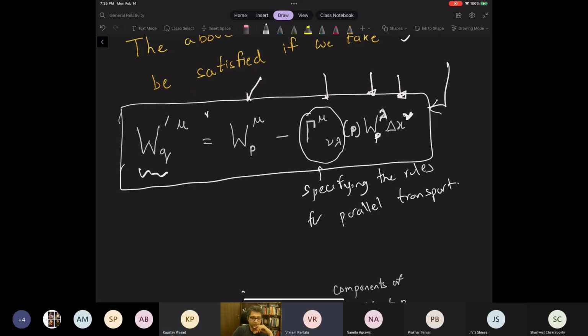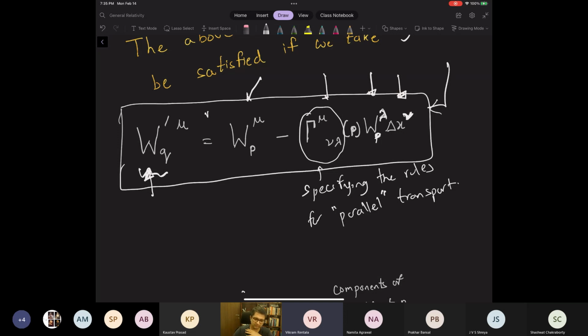This notion of transport is such that we're trying to keep this vector. At the moment, parallel doesn't mean parallel in the sense of Euclidean geometry; parallel is just a term. We'll see later why this is called parallel transport.